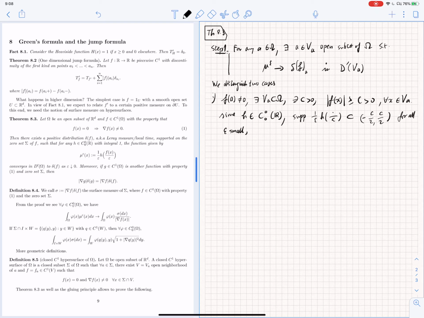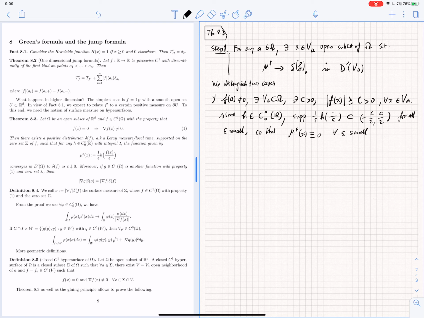Okay, so if this is the case, the range of V_A by the function f will not intersect the support of this function, so the value will be 0. This is the consequence. This will be constantly 0 for all epsilon small.